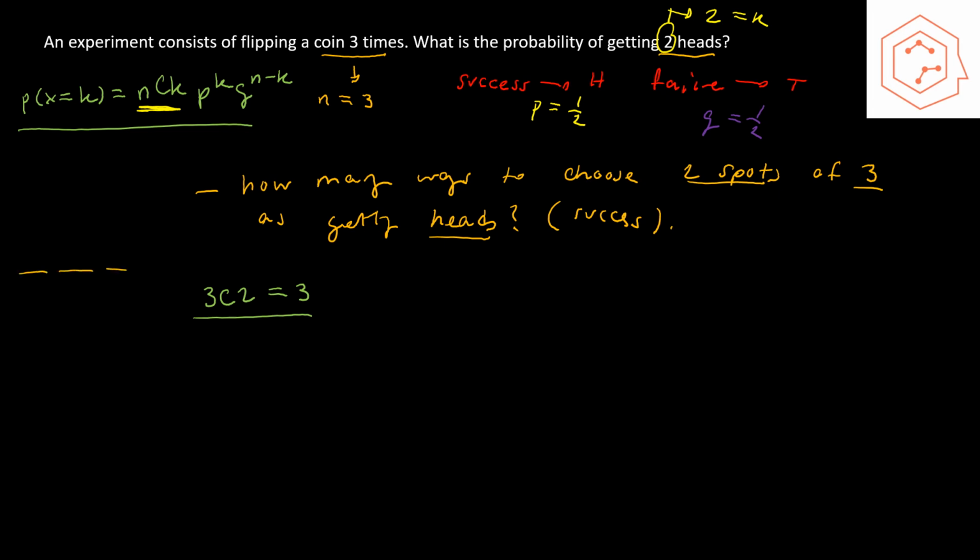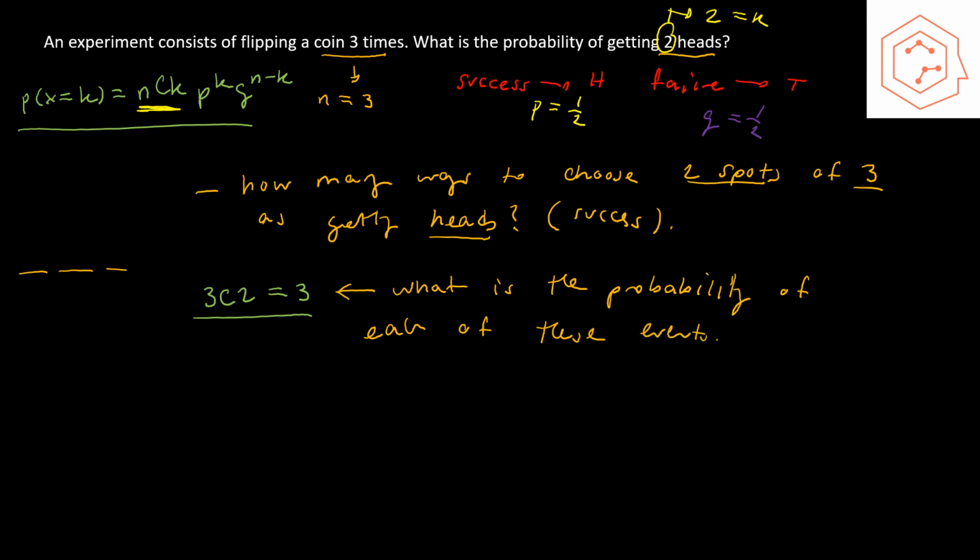So now for each one of these possible ways, what is the probability of each of these events? So we have 3 events where we get 2 heads. What is the probability of each of these events? So in all cases, we have 2 heads and 1 tails.